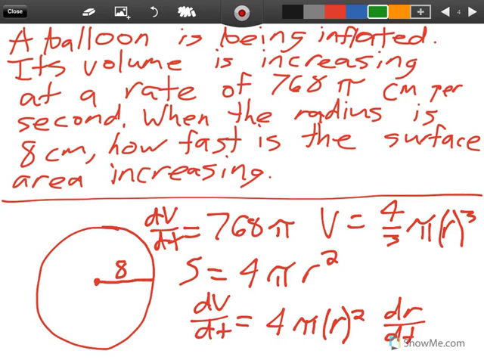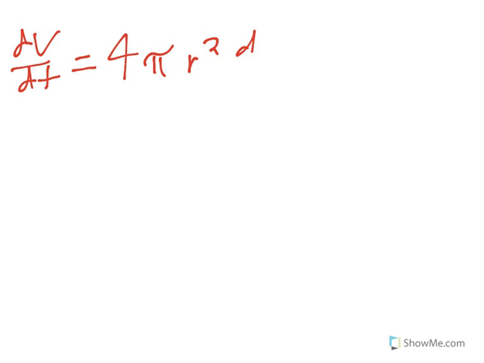We're going to go to the next page so we have more room. I'm going to write that equation one more time. dV/dt equals 4 pi r squared dr/dt. Since we know dV/dt and r, we're going to substitute those in.